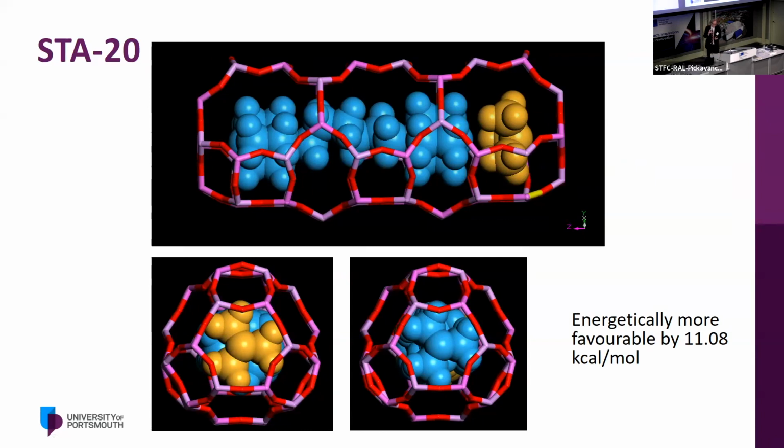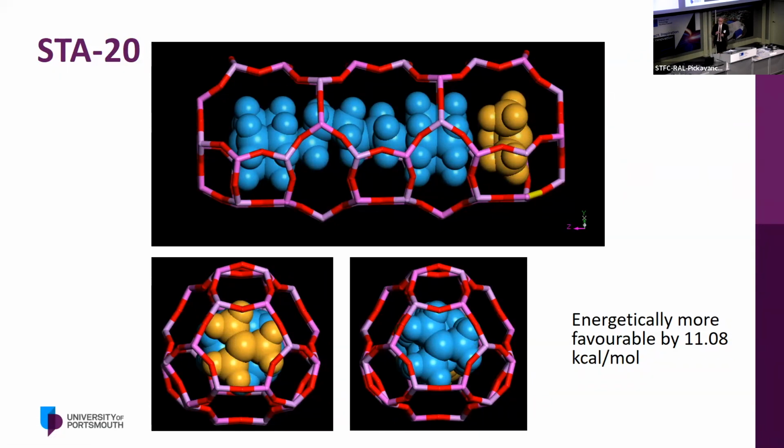What is very interesting, and you very often see these patterns repeated, despite having a different molecule at the end, when you view from either end of the cage, you see the same pattern. So the orange one is the trimethylamine, and here we've got the DABCO C6.